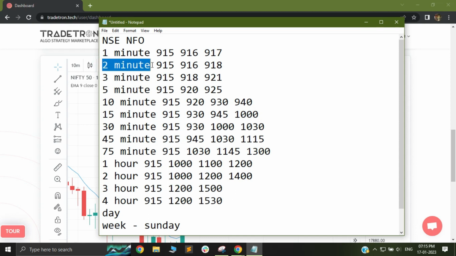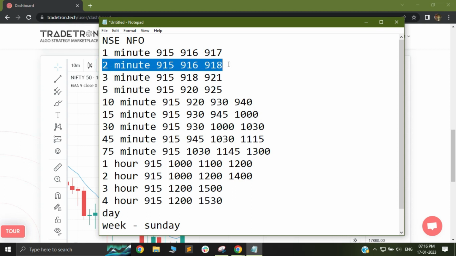So this should match the charts that you are seeing. When you see a 2 minute candle, the 2 minute candle will not match the charts because on Tradetron, the first 2 minute candle is basically from 9:15 to 9:16. And then the next candle is from 9:16 to 9:18, and then 18 to 20, 20 to 22, and so on. So this is how the 2 minute candle will work on Tradetron.